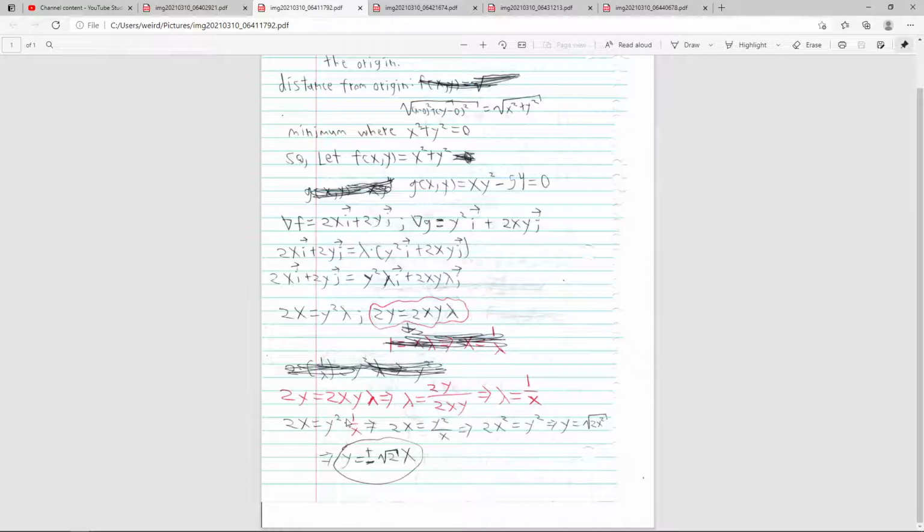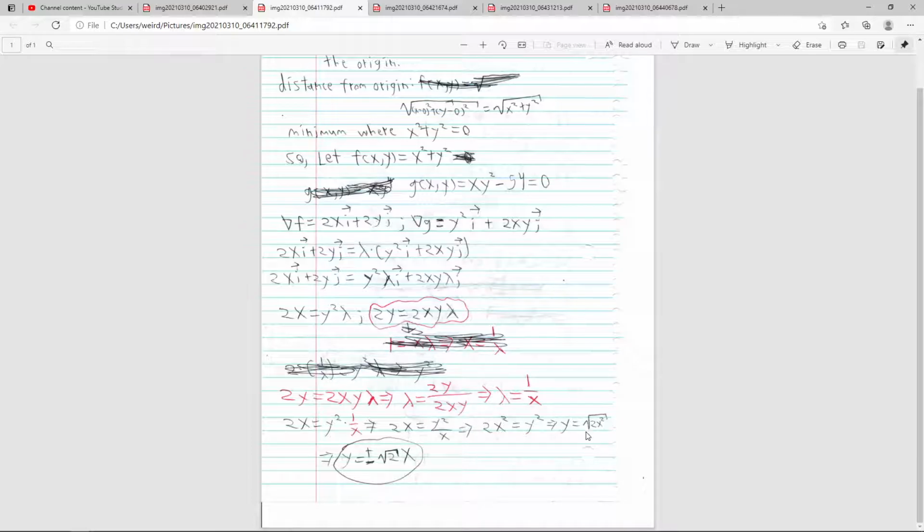So 2x equals y squared times 1 over x when we plug into the other one, 2x equals y squared lambda. Because we want it in terms of x and y, so we can plug into the g function.